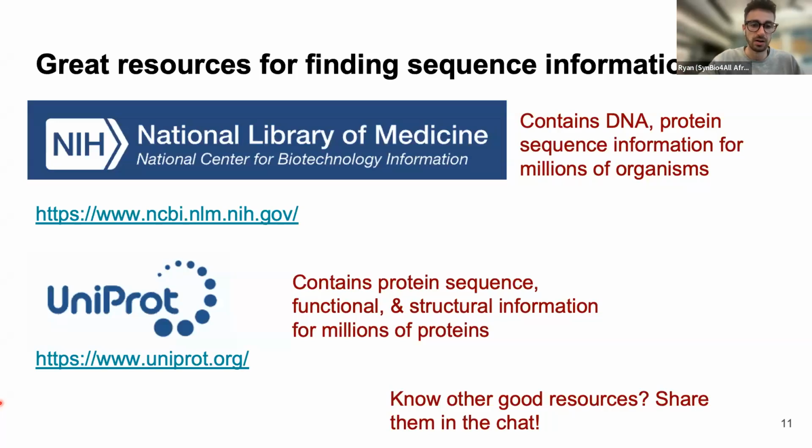So you don't actually need the organism that you are starting with to get the gene from. I don't know if that answer made sense, but you can basically find this sequence information online.